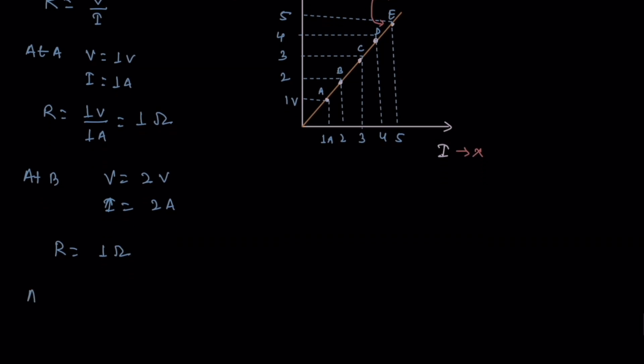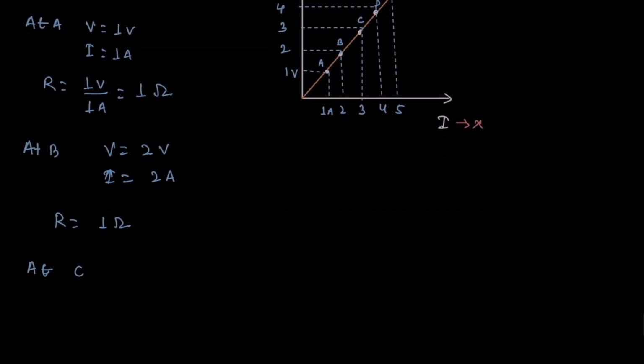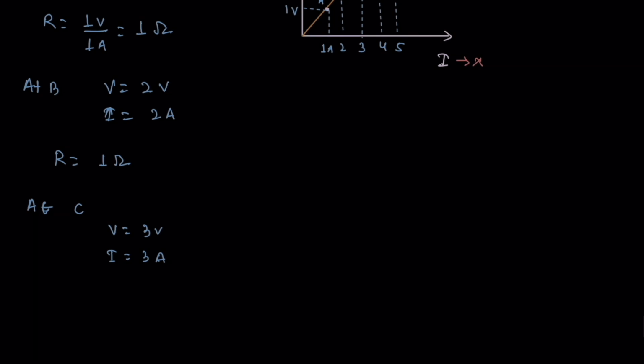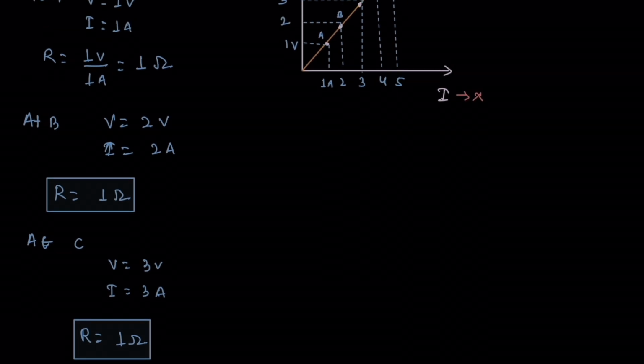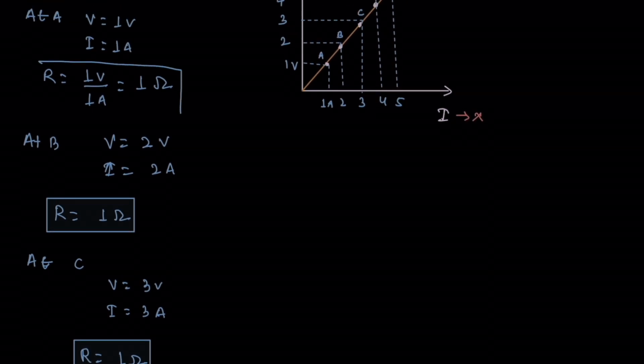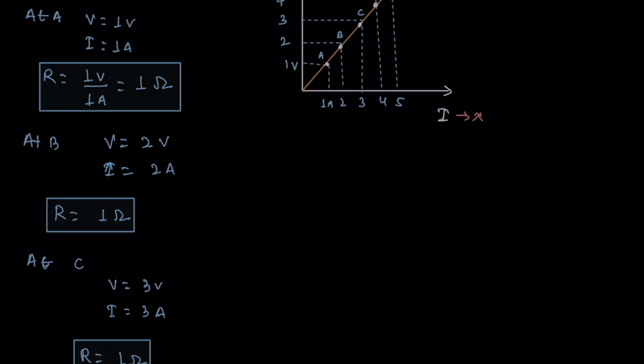Similarly, at C, V is 3 volt and the current is 3 ampere, so R is equal to 1 ohm. As you see, everywhere resistance is the same. It means that resistance is constant but voltage and current are changing.